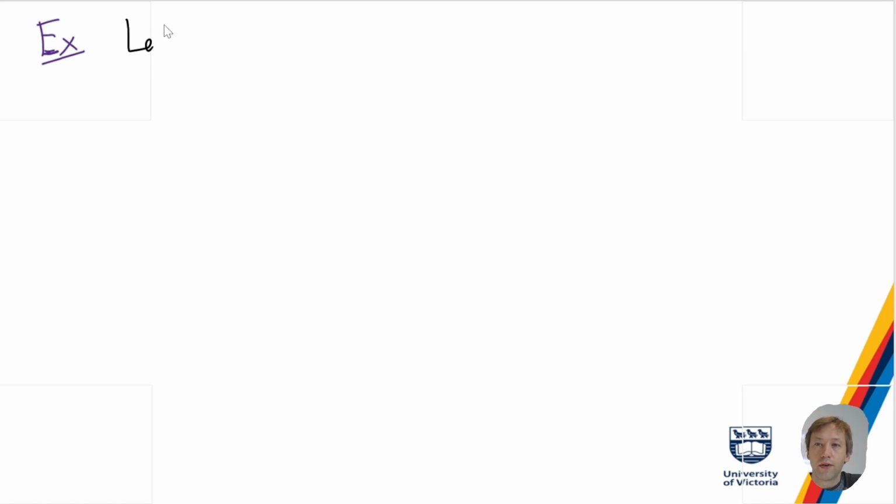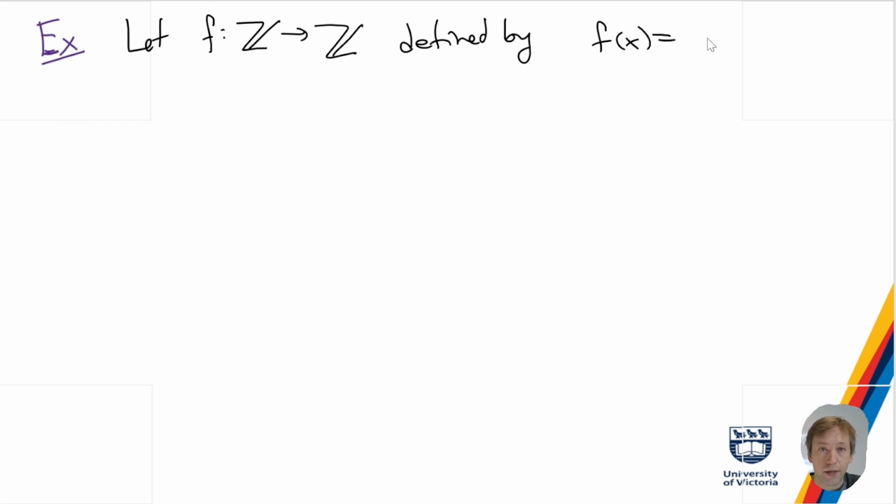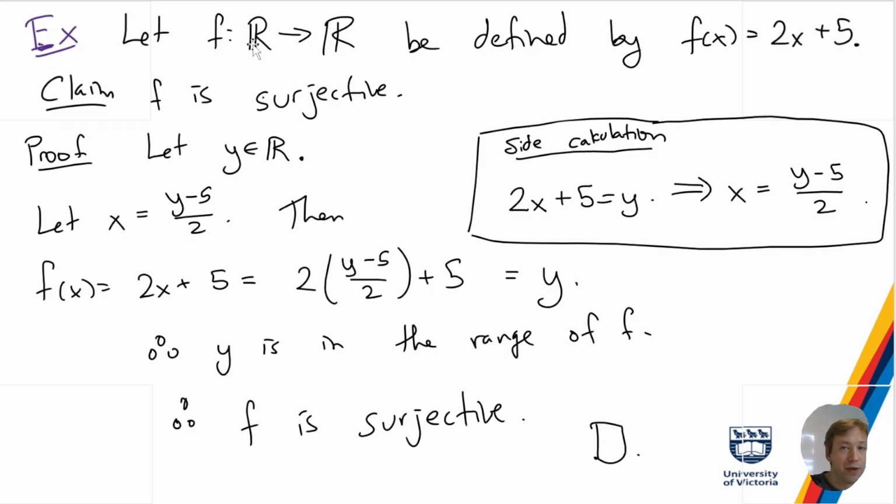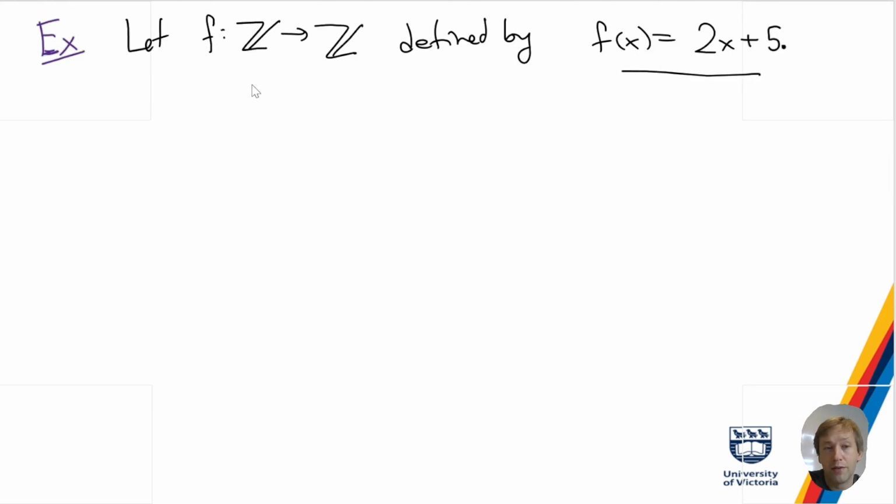If I change the domain and codomain to be the integers, so let f be the function from the integers to the integers defined by f of x equals 2x plus 5, you might think this should be surjective too, because 2x plus 5 was surjective on the previous slide when we went from R to R, so why shouldn't it be surjective now? But it's not surjective.